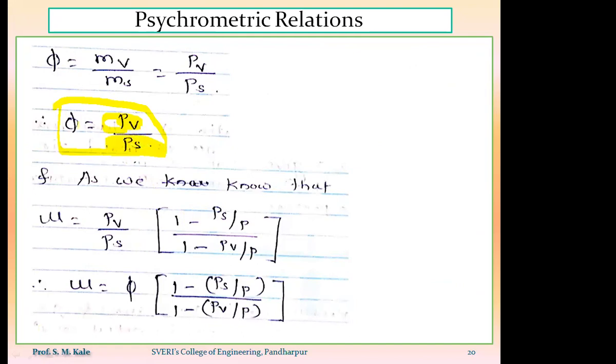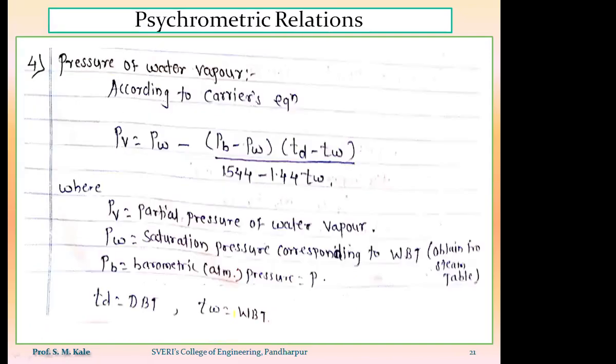After finding out the value of phi as PV by PS, we can get the correlation between mu and phi. Mu means degree of saturation or percentage humidity. Phi means relative humidity. So the correlation between mu and phi is mu is equal to phi into 1 minus, inside the bracket, PS by P, divided by 1 minus PV by P. So this is related to mu.